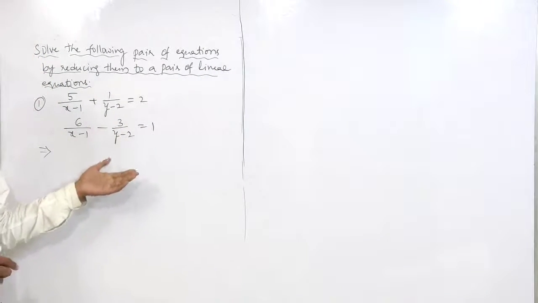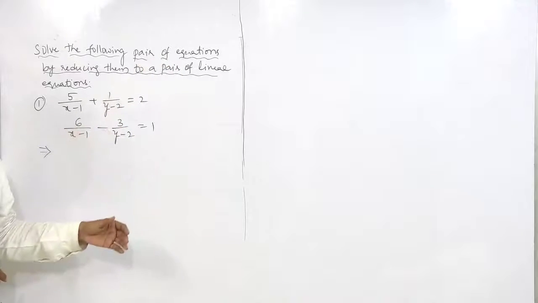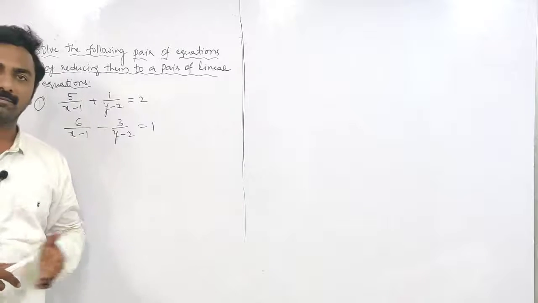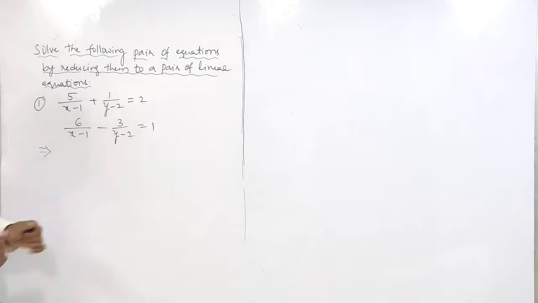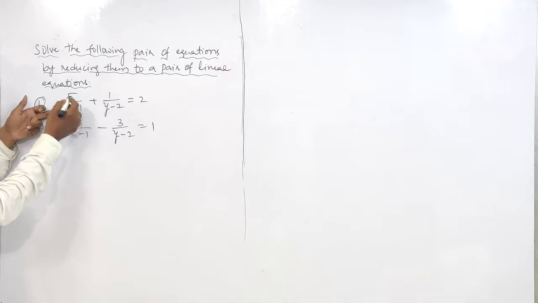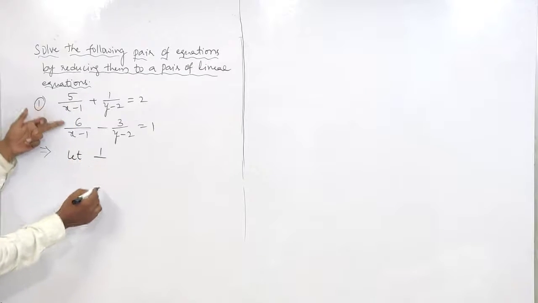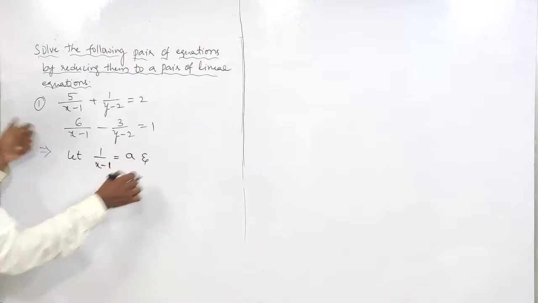Before solving these problems, these equations are not in linear form. First, what we have to do is convert these equations into linear form, then we can solve by using either the substitution method or the elimination method. For that purpose, let 1 by x minus 1 be equal to a.